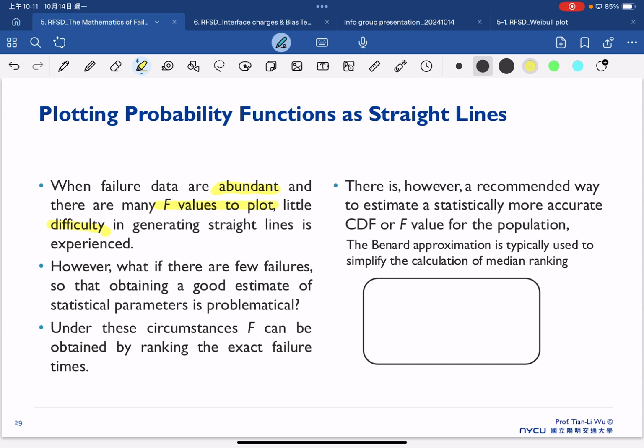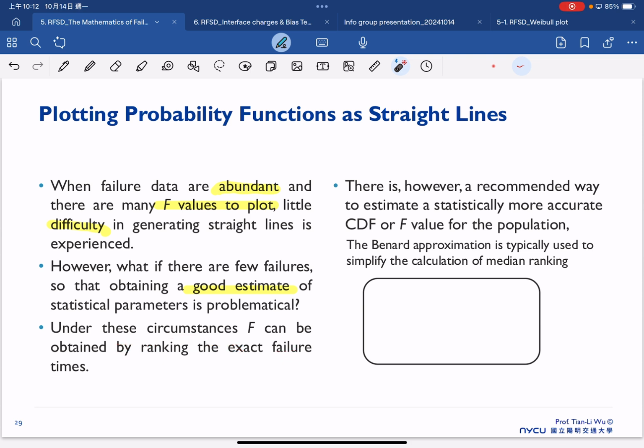So therefore, we have come up with a good estimation. If there are few failure values, we can obtain a good estimate for these statistical parameters. So under this consideration, the capital F can be obtained by ranking the exact failure times here.